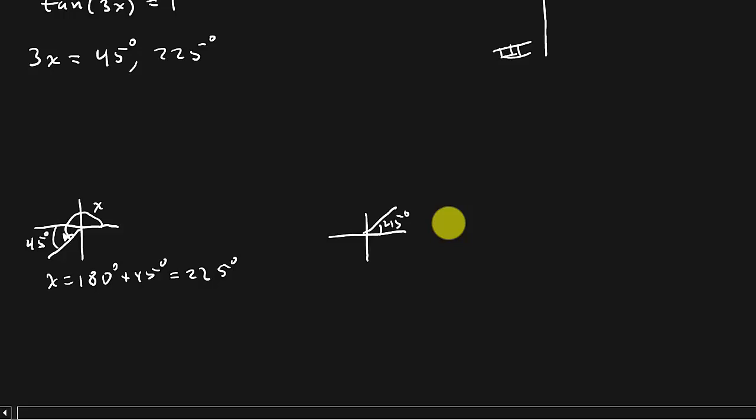Basically what we've got to do is go around 3 times, and we've already been around once, getting the 45 and the 225. So I've got the 45, and I need to go around again, so I need to add 360. That's going to be 405, and so there's a solution, 405.